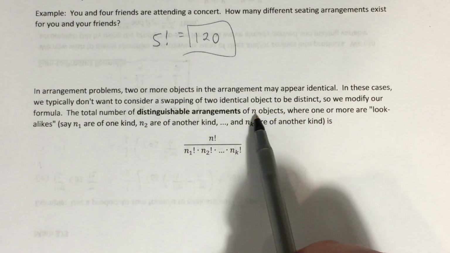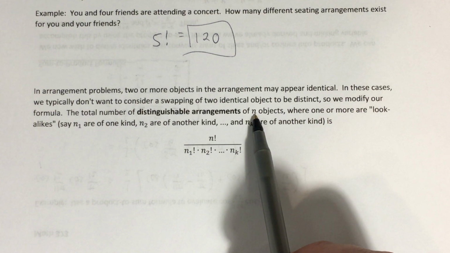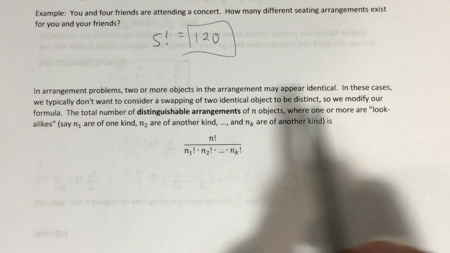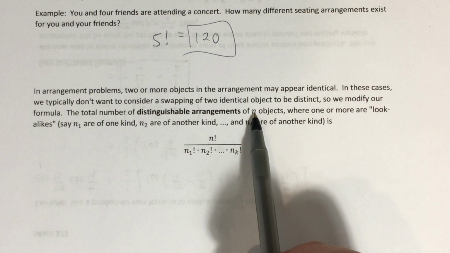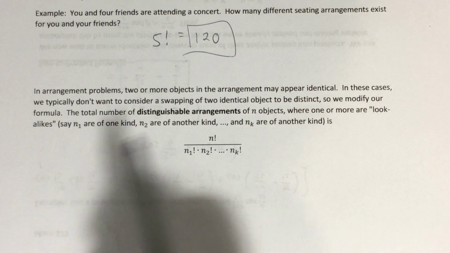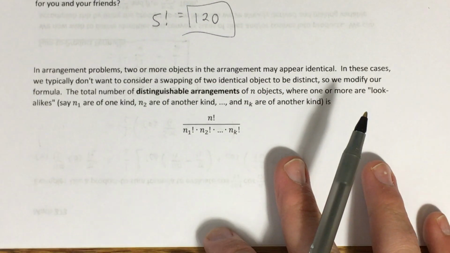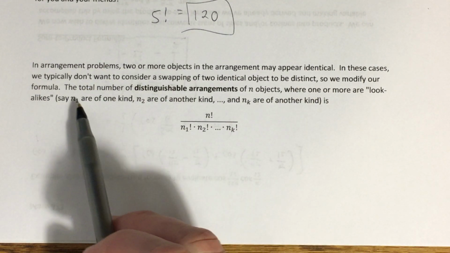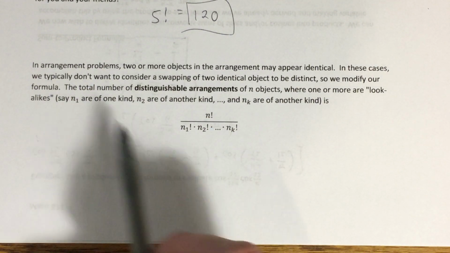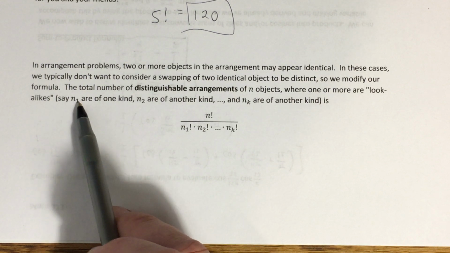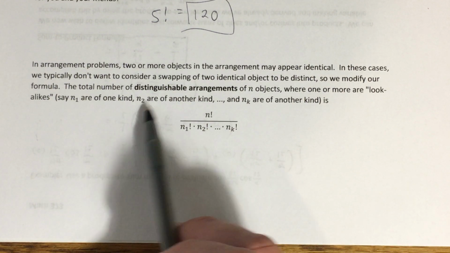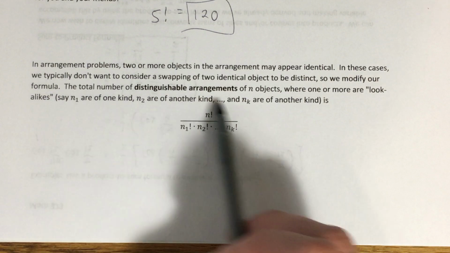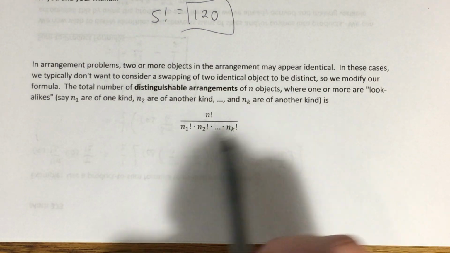Okay? So what's the formula for that? Well, let's suppose that we have a total of n objects, and within those n objects, there are lookalikes or repeated versions of the same object. Let's say that there are n1, a natural number, of one kind of object, n2 of another kind, all the way through nk of another kind of object.